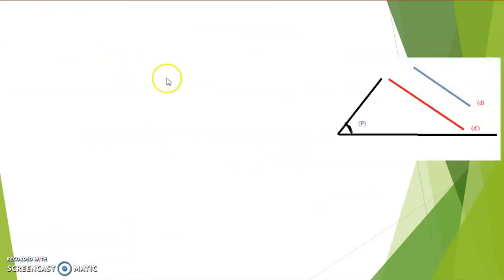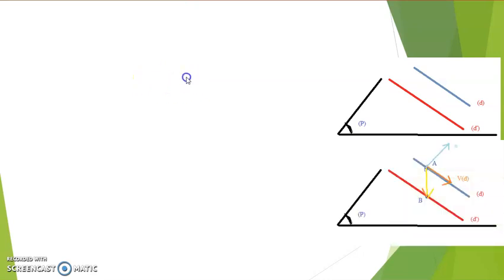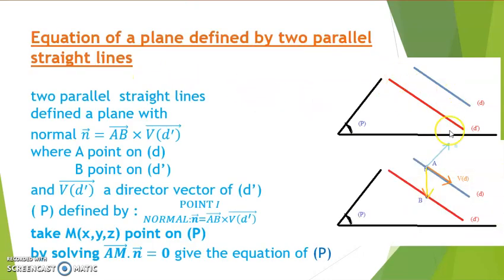Now equation of a plane defined by two parallel lines. Every two parallel lines in space form a plane. We need to find a normal vector of this plane. Then we can take a fixed point A on the line D and a fixed point B on the line D prime.